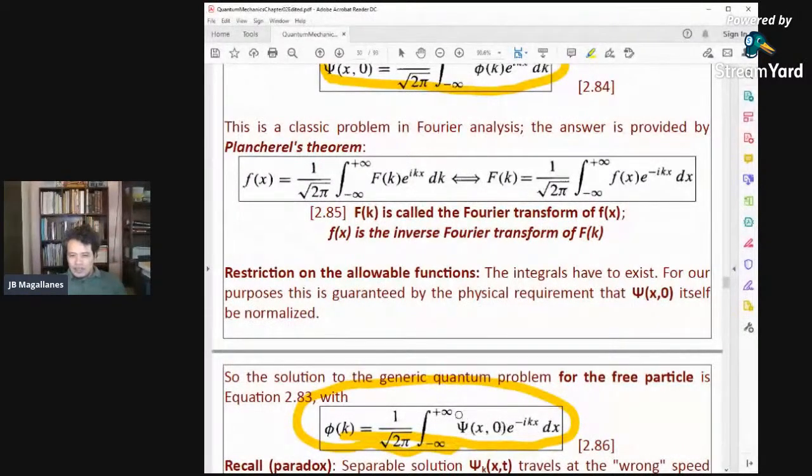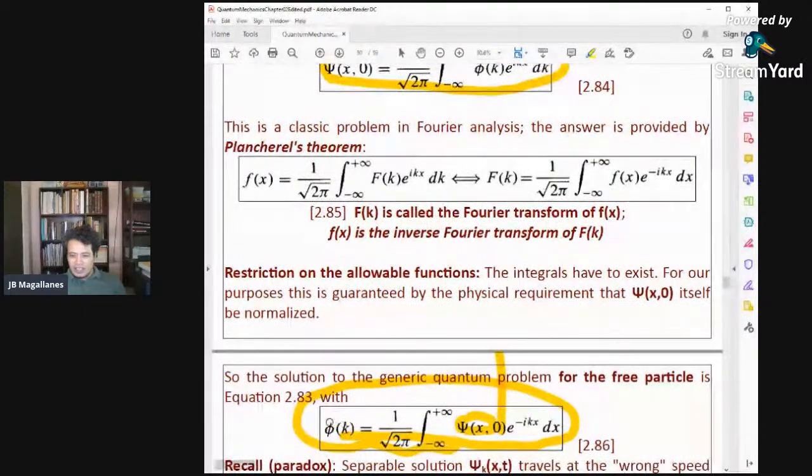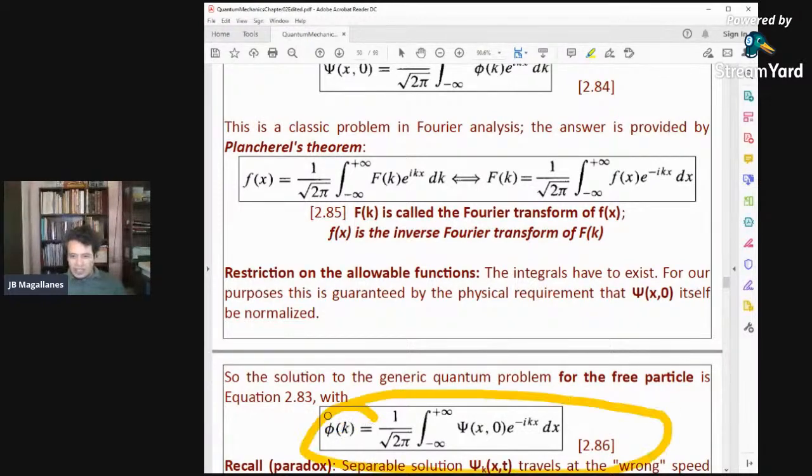If you know this, you'll be able to know phi k, which is in this expression. So this one is just equal to that one.